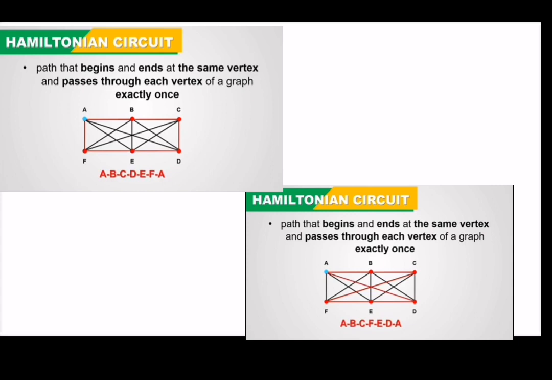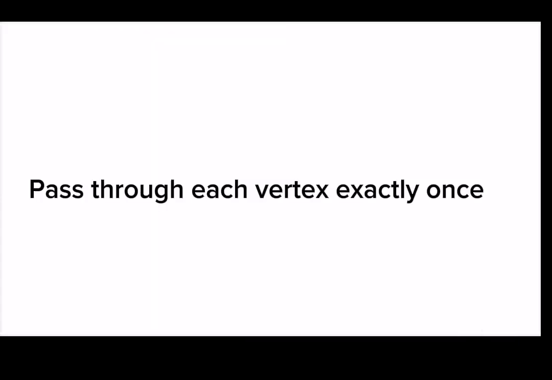Here is another example of a Hamiltonian circuit. We have vertex A, to vertex B, to vertex C, to vertex F, to vertex E, to vertex D, and come back to vertex A, passing through each vertex exactly once.